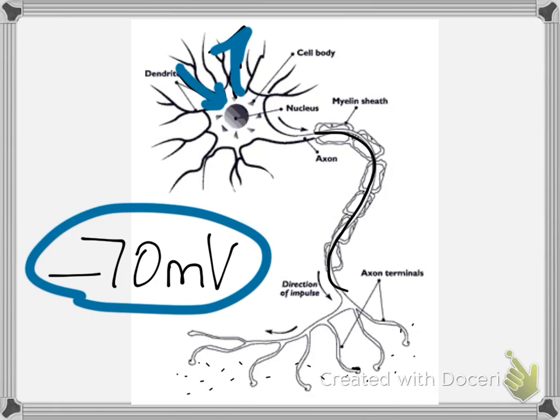This is called the refractory period, the time in which the neuron actually cannot create a charge. It has to rest. It has to regroup, get its overall negative charge settled, so that it can be ready to create the electricity with the ions moving back and forth.